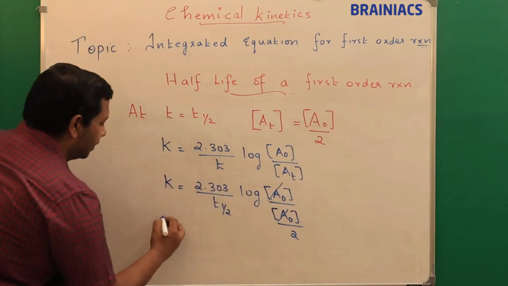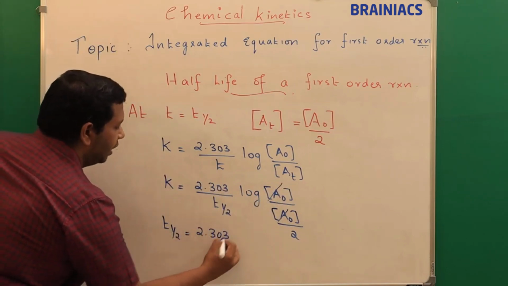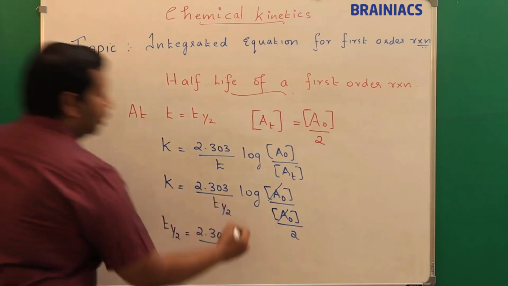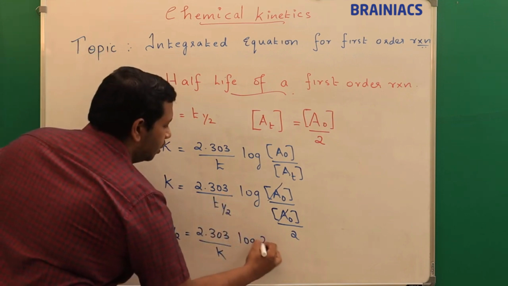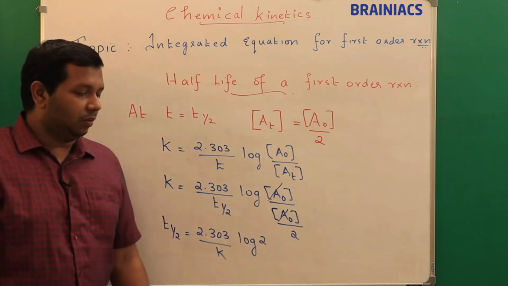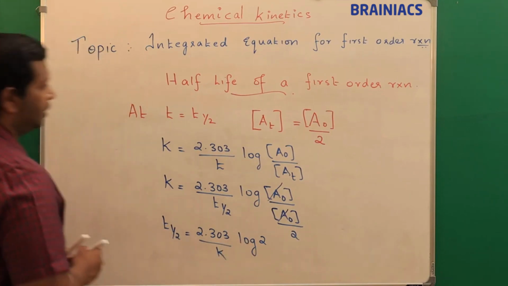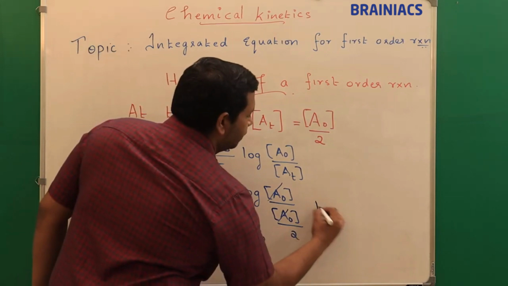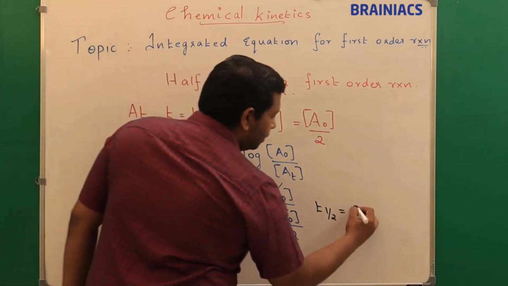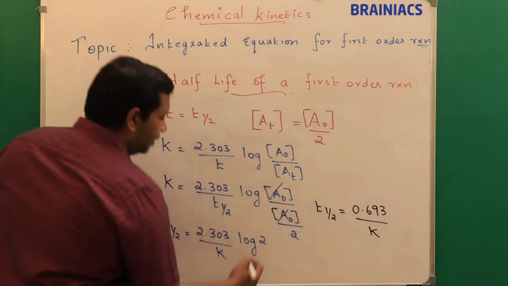So this can be further written as t half is equal to 2.303 by k, log 2. I have taken this here and k over here. So what is log 2 basically? Around 0.3. I can summarize the value as t half is equal to 0.693 by k. So how is that coming?